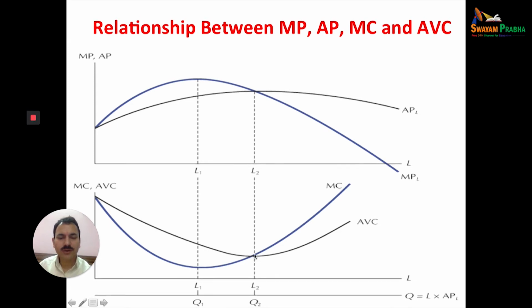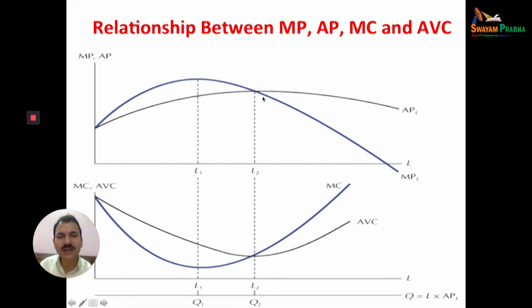Now here the marginal cost curve intersects the average cost curve from below, but beyond this point marginal cost rises, average cost rises, but the rate of increase in marginal cost is more than average cost. So when you are using L2 labor, beyond this point the marginal cost curve is increasing, the average cost curve is also increasing, but the increase in marginal cost is more than average cost.